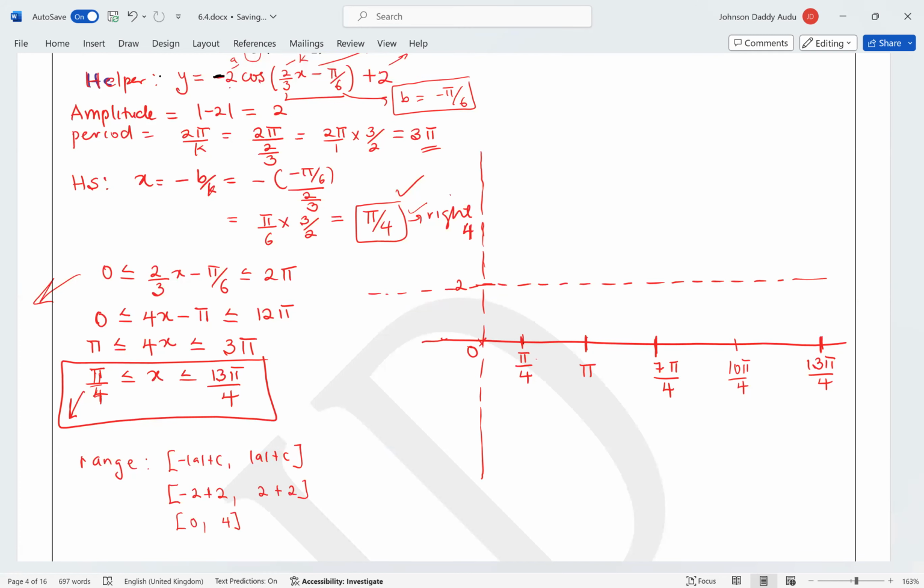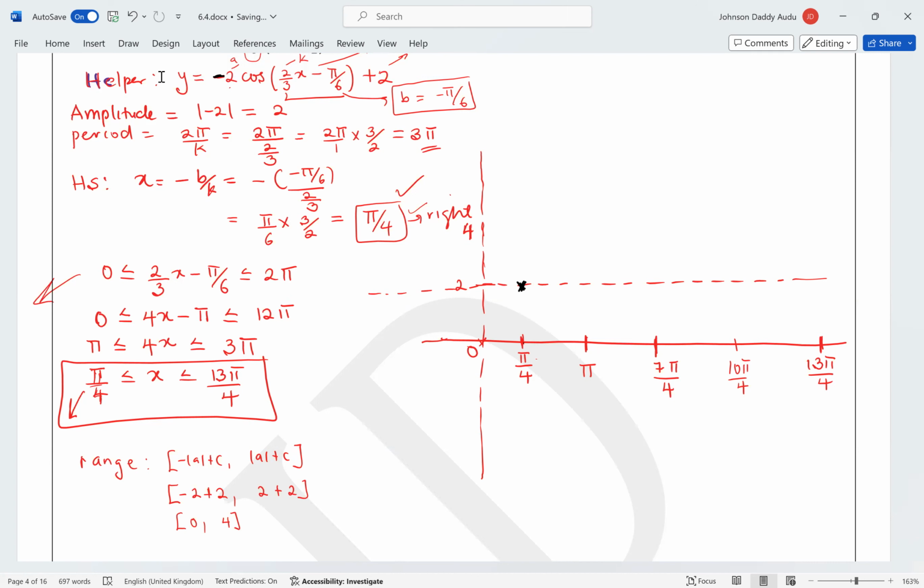So at pi over 4, remember the graph of cosine always starts from either the maximum or the minimum. At pi over 4, we're supposed to start from the maximum, but because of this minus here, we're going to start from the minimum.